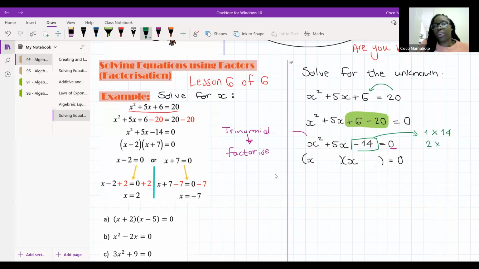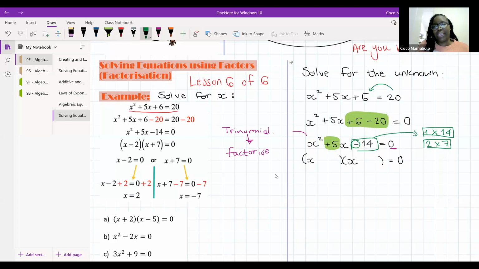All right, so here's what we're going to do, Nkosana. Because our number over here is negative, we need to take these 2 numbers, either 1 and 14 or 2 and 7, and we need to minus them from each other, and they need to give us 5. So which 2 numbers can I take and minus them from each other to give us 5, between 1 and 14 and 2 and 7?